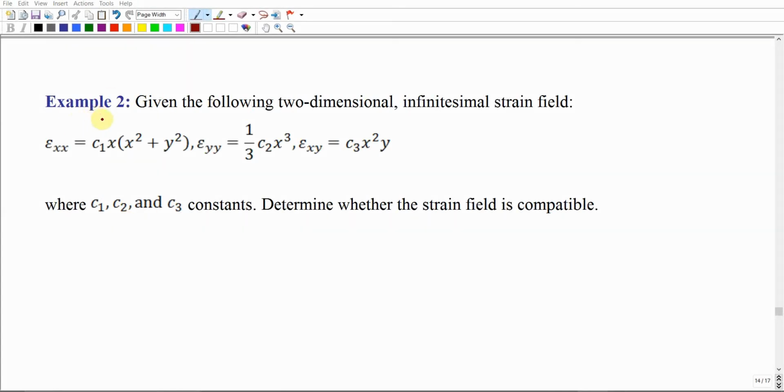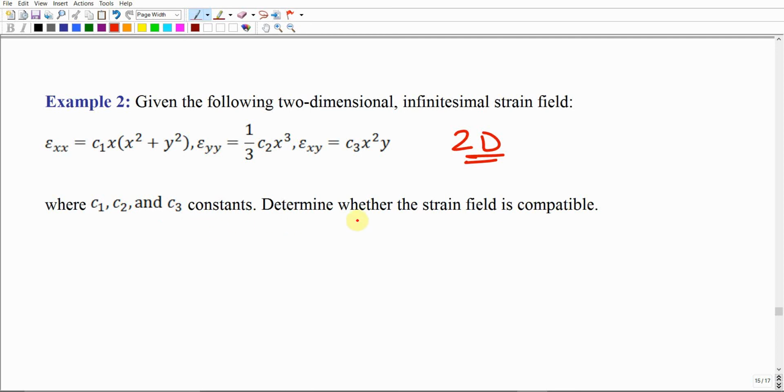So if we consider this example, this is the second example in today's lecture. Given the two-dimensional infinitesimal strain field, epsilon xx, epsilon yy, and epsilon xy, given as functions of x and y, there are no z's at all. It means we just work in two dimensions, where c1, c2, and c3 are three constants.